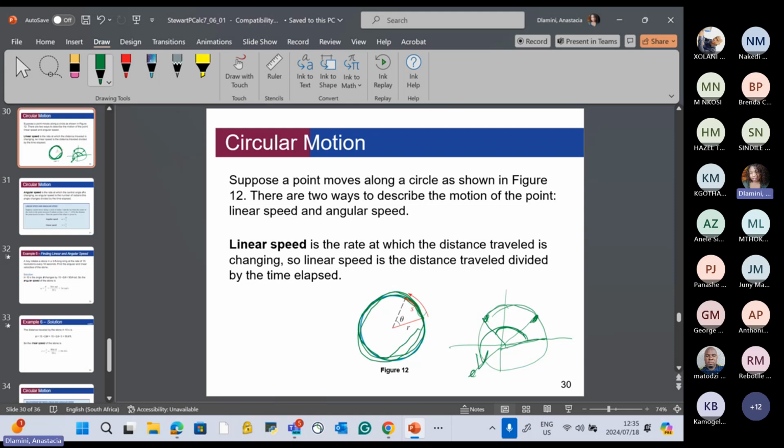That's the angular speed. So the distance has to do with S, the angle has to do with theta, and both you divide by T. Oh, the difference is distance and the angle. Yes, the other one is the angle, this theta over here. I'm good.